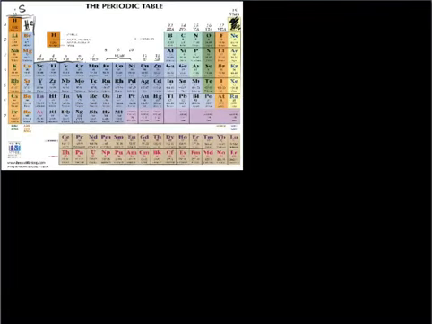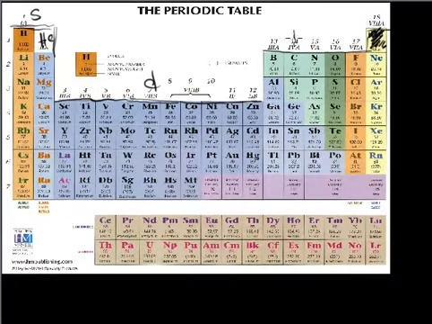This here, let me try to do this a little bit neater. This here, it didn't work out too well, is your D block. This here, including your noble gases, your group 7 halogens, and group 8 noble gases, this whole thing is your P block, and this is your F block, but we do not need that.